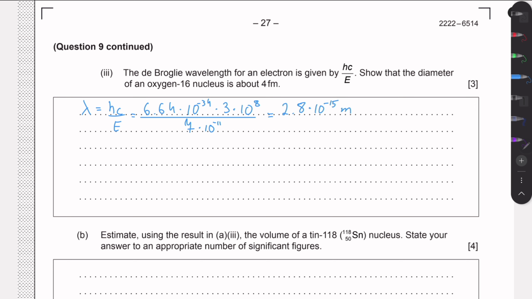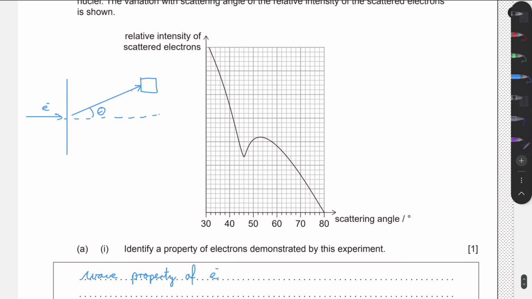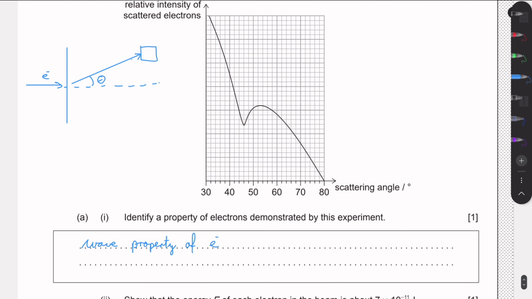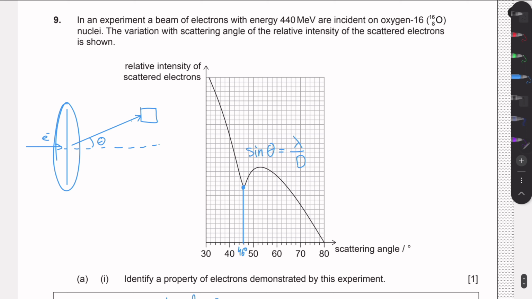And we know that this is a diffraction pattern, and here we have a minimum, and this angle over here, if we look very closely, is going to be 46 degrees. The sine of this angle is just the wavelength divided by the diameter of the atoms we are shining the electrons at.